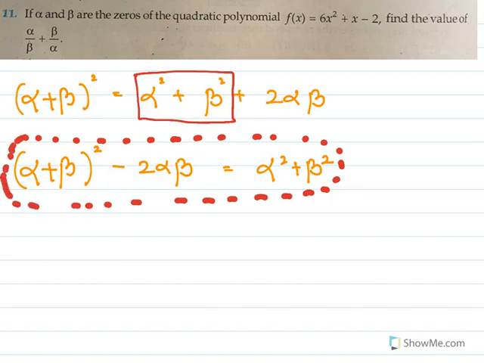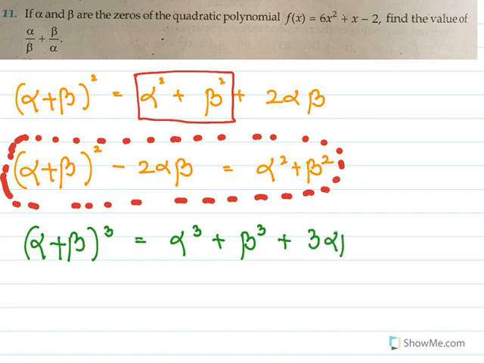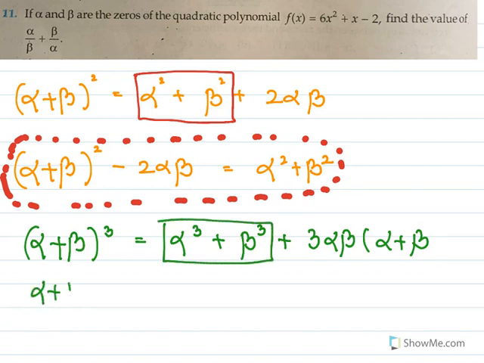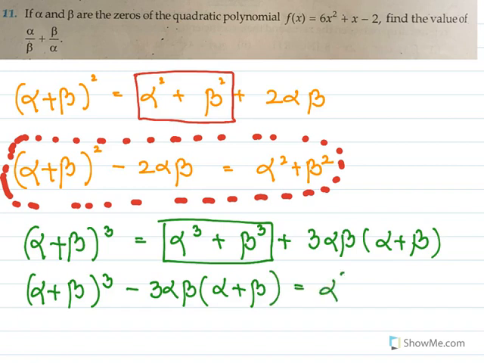In the same way, we find another one, that is alpha plus beta the whole cube. Alpha plus beta the whole cube is alpha cube plus beta cube plus 3 alpha beta, alpha plus beta. So if I want to find alpha cube plus beta cube, it will be alpha plus beta the whole cube, and I will take this to the other side, so it becomes minus 3 alpha beta, alpha plus beta, equal to alpha cube plus beta cube.